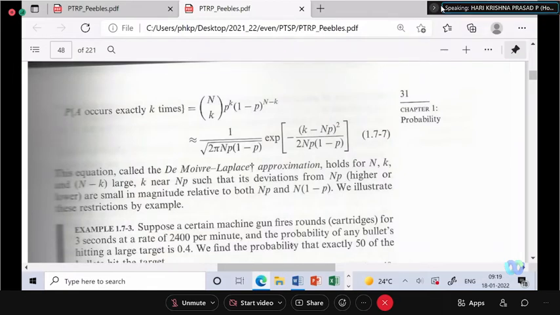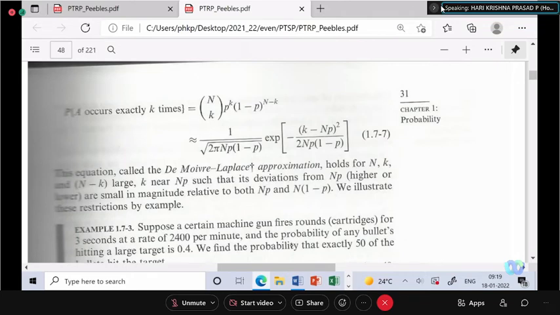So that product np is one parameter to be considered, when you see the denominator in that ratio, 2 times n times p multiplied by (1 minus p). So this approximation, that's why here approximately equal to is indicated.